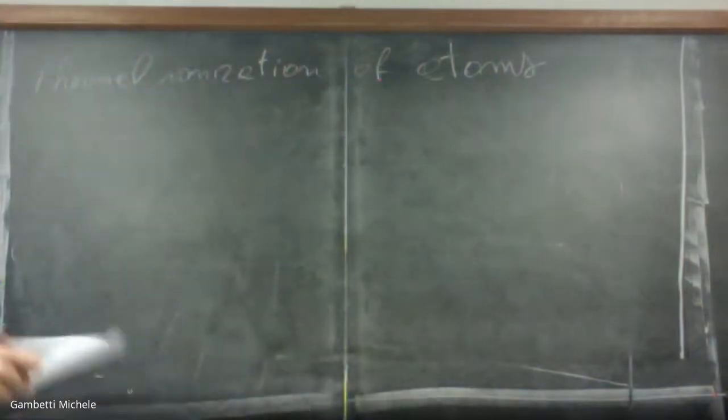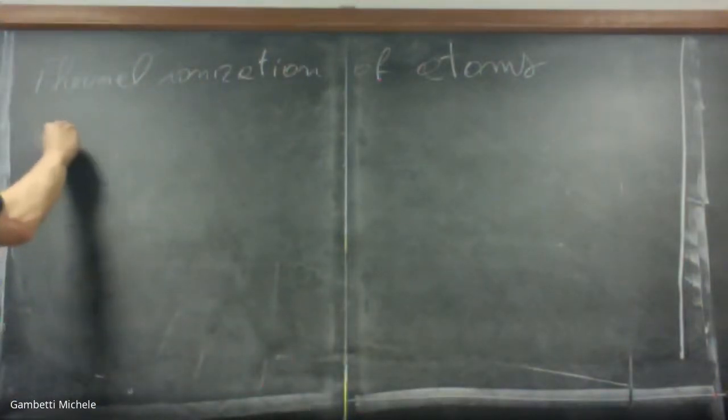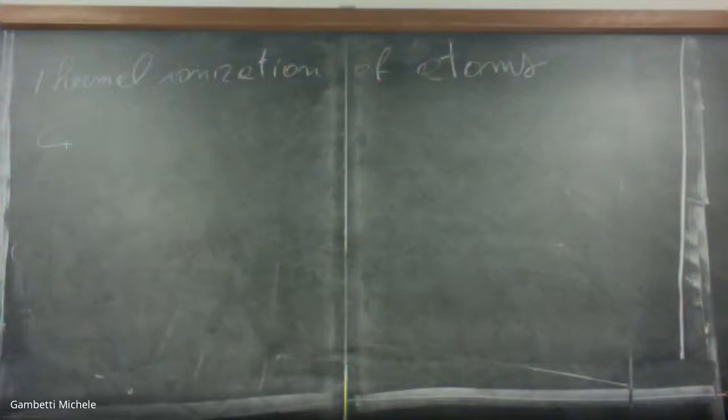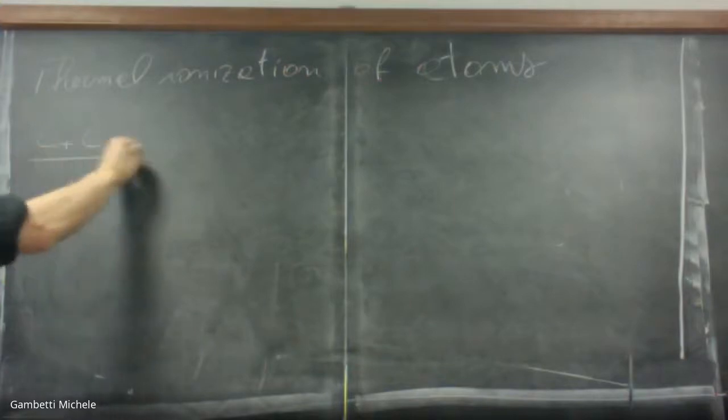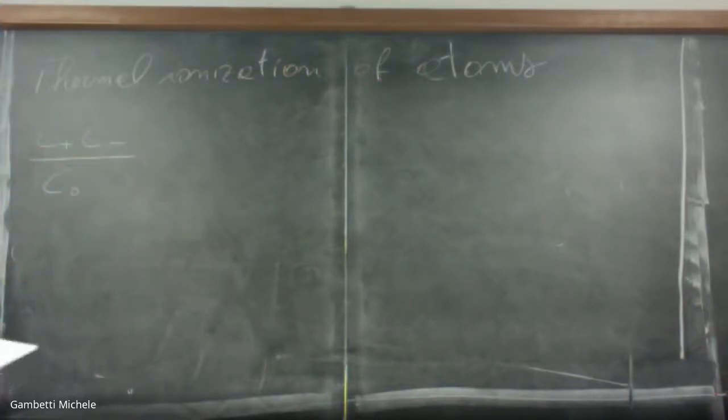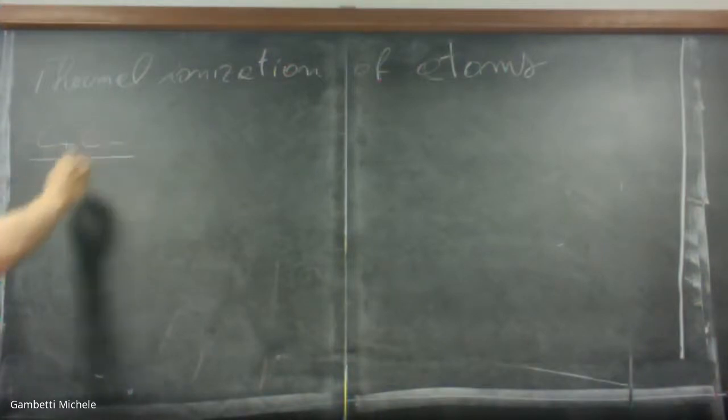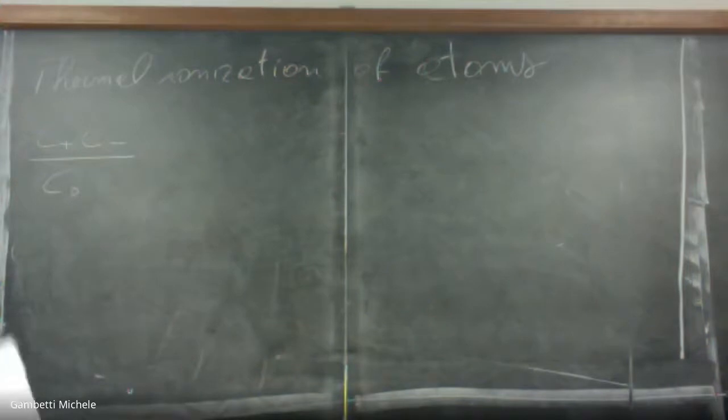We wrote the mass action law in the following way: C plus C minus divided by C0, where these are the concentration of positive ions, the concentration of electrons, and the concentration of neutral atoms.